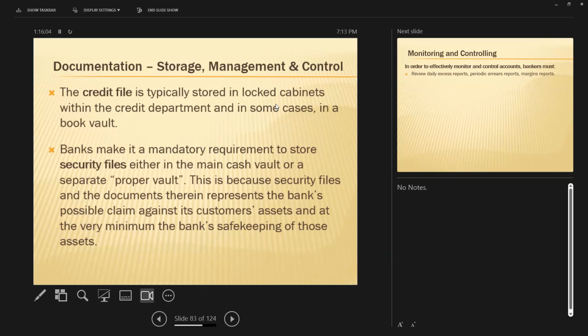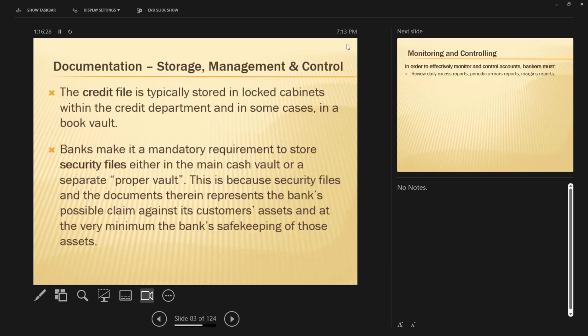Some banks will have it by customer number. But for most of us in retail banking here in the Bahamas, it'll be filed alphabetically by the customer's last name.